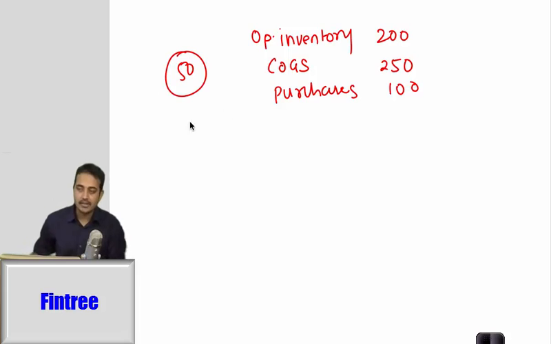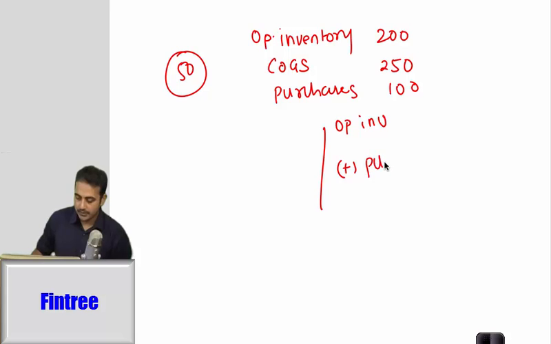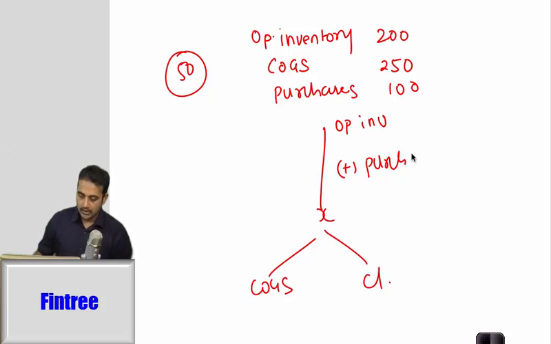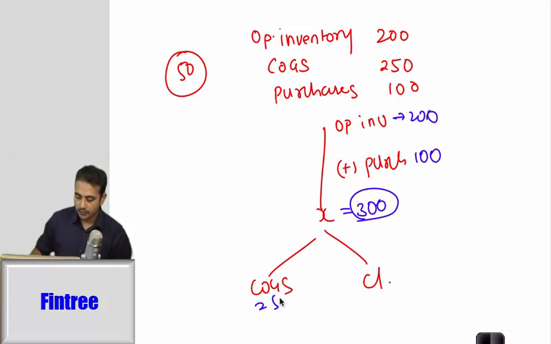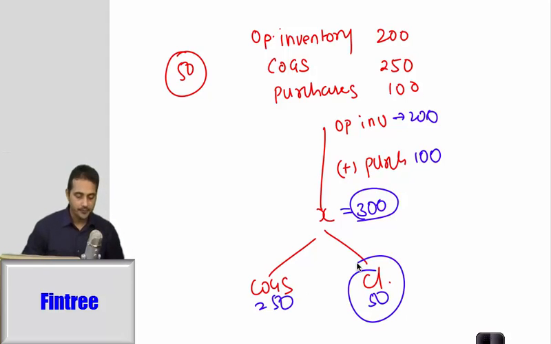Again, since it's the first question, we can build a flowchart here. Opening inventory plus purchases, so we get X, and then COGS and closing. You would put 200 here and 100 here, which means your X should be 300. And then COGS is 250. And to make the equation tally, closing has to be 50.